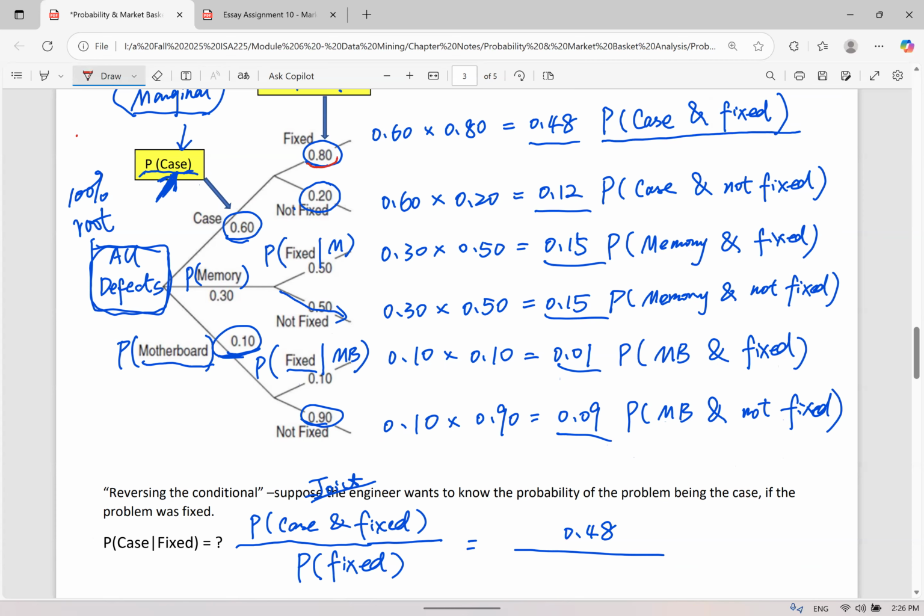Is it this 0.8 and this 0.5 and this 0.1? Do I want to get a sum of these three fixed probabilities? What do you think? Yeah, I think so. So let's test, right?